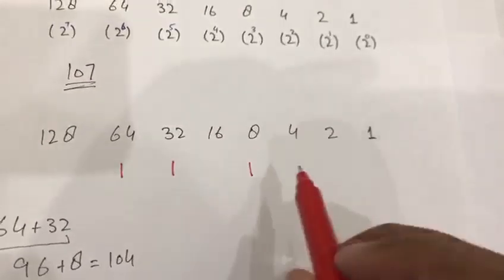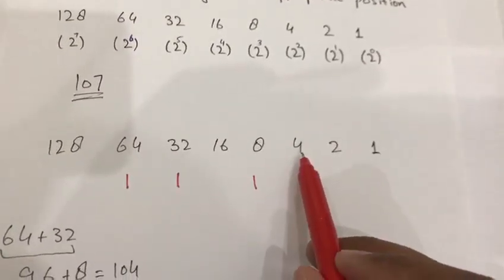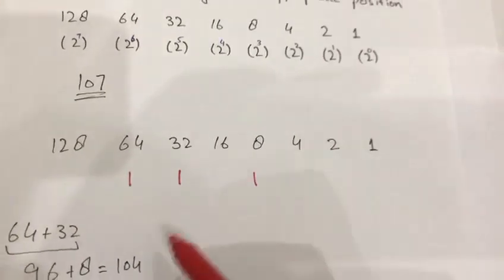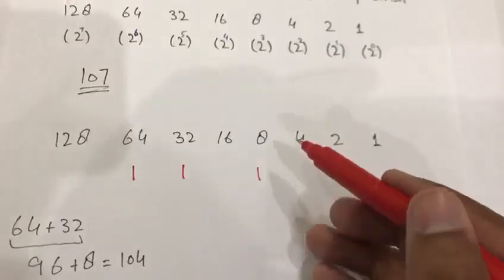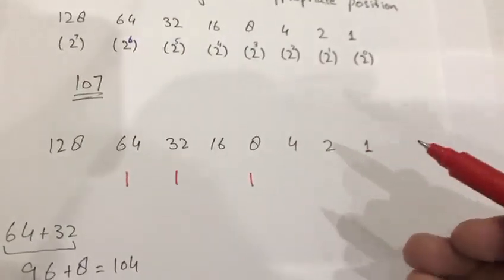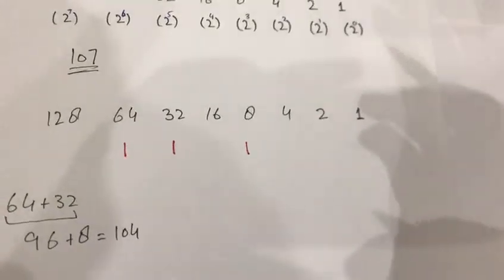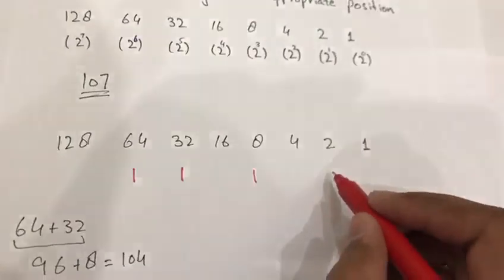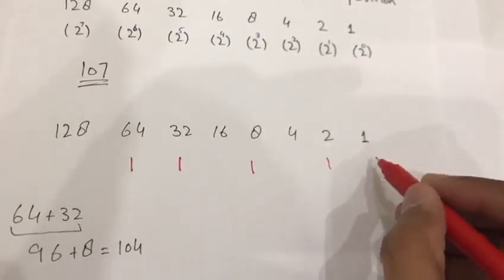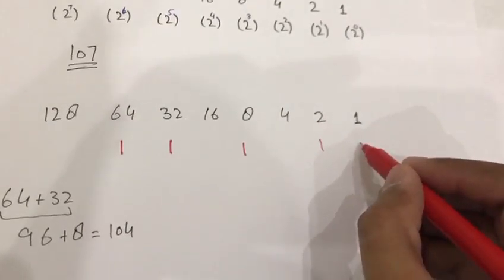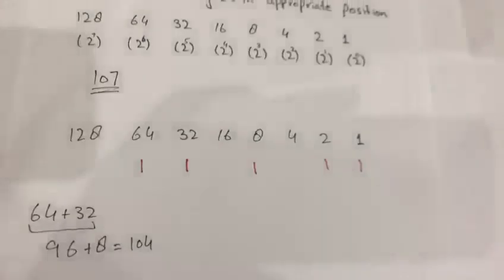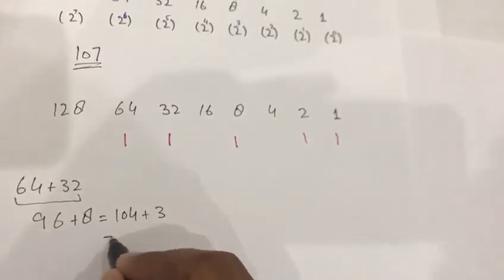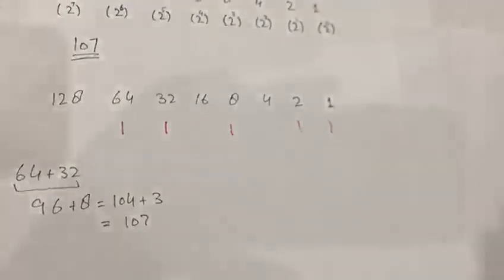After that, if we turn this bit on, it would be 104 plus 4, which is more than 107. So we have to make a total combination of 3. That would be 2 and 1. So by adding 3, it would be 107.